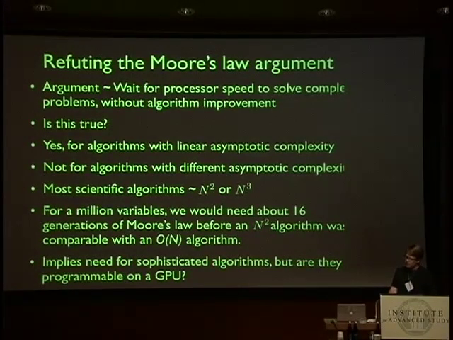If you had 1 million variables and an n squared algorithm and you wanted to wait on Moore's law to fix things, then you have to wait 16 generations, 2 to the 16th power, if you continue to use your order n squared algorithm and just let the processor speed up and take full advantage of the GPU. If you don't change your algorithm, it still takes 16 generations.